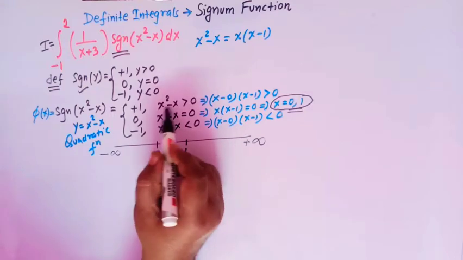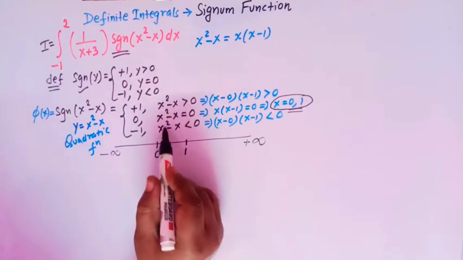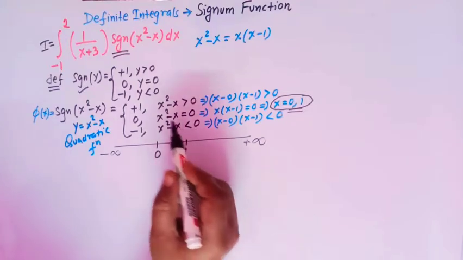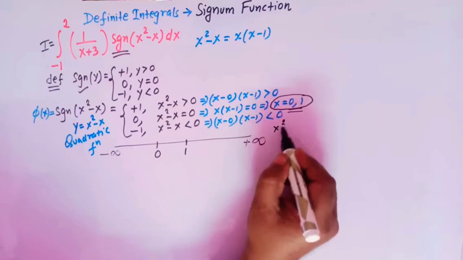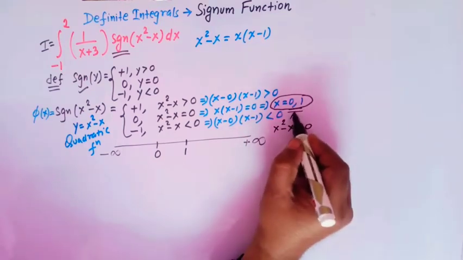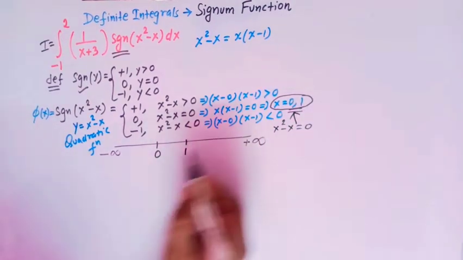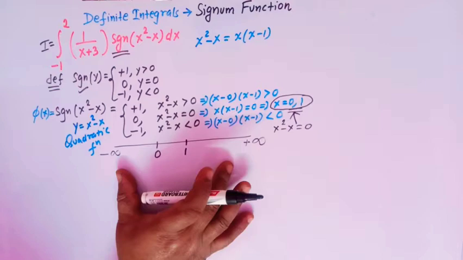So we have the inequality x square minus x greater than 0 and x square minus x less than 0, and we have the equation x square minus x equal to 0. When we solve this equation, we get 0 and 1. So we plot these 2 points on the real number line.